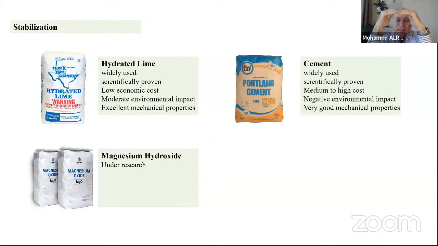It has an ability to secure the mixture with maximum pH value, and it reacts very quickly and sufficiently with the clay minerals, and this is a crucial reaction, really. It is the pozzolanic reaction. So it is still under research.